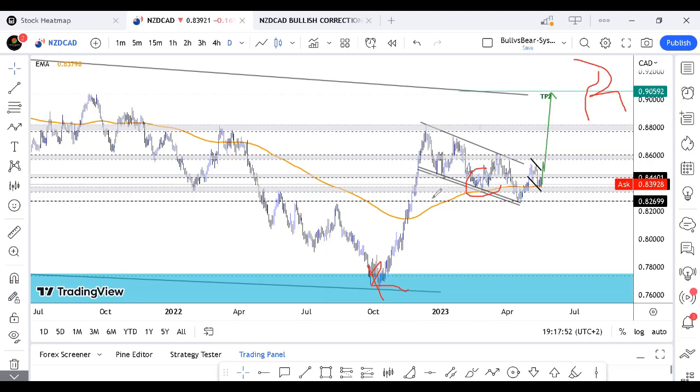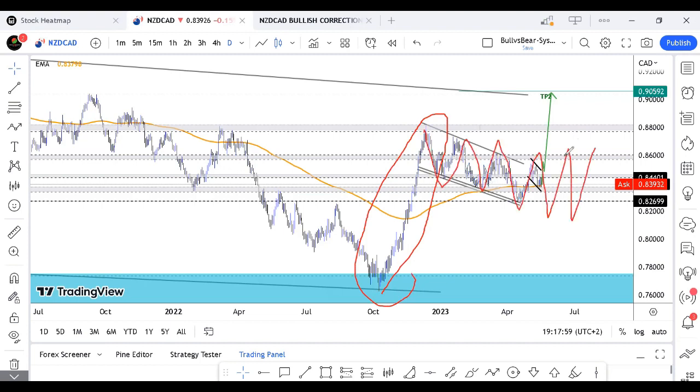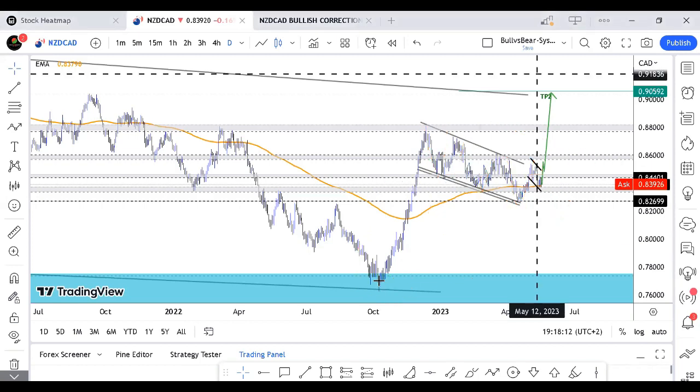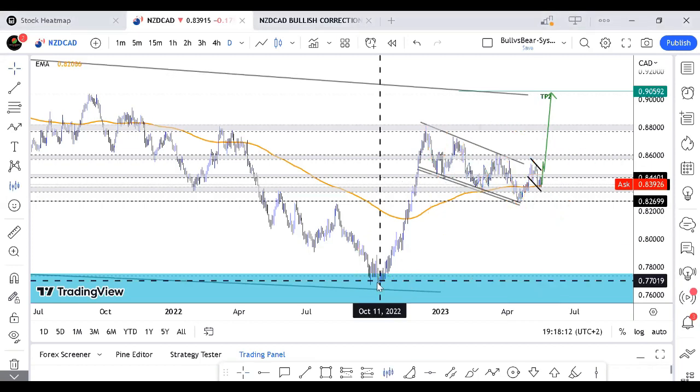Number one, this is our impulse, and this is our correction phase. After an impulse and a correction, which is number one and number two, we will have number three. How are we going to react? We will do the simple thing of measuring the distance of the previous impulse, which determines where our take profit is when we enter after the breakout of the current correction.